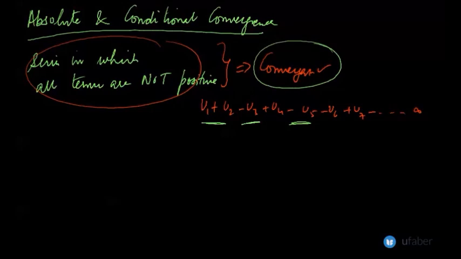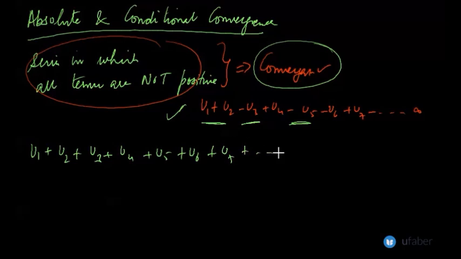Now if you make all the terms of this series positive, that is, if you write it like this, u1 plus u2 plus u3 plus u4 plus u5 plus u6 plus u7, so now all the terms have been made positive, and still this series remains convergent.